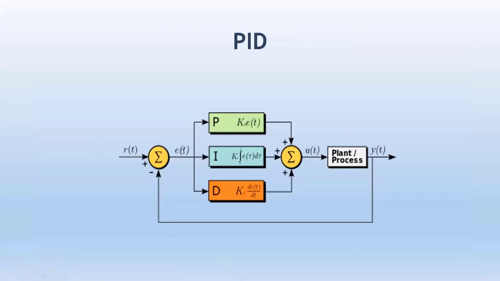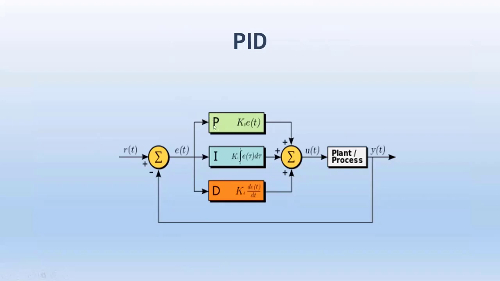And that error needs to be passed through the PID algorithm, which has three terms, P, I, and D. We will be talking in detail about that, and how to tune a PID loop. This is a very, very important thing to understand. So P, I, and D. It would pass through this PID block that consists of three terms, and there would be tuning tips and tricks that we are going to talk about in detail.